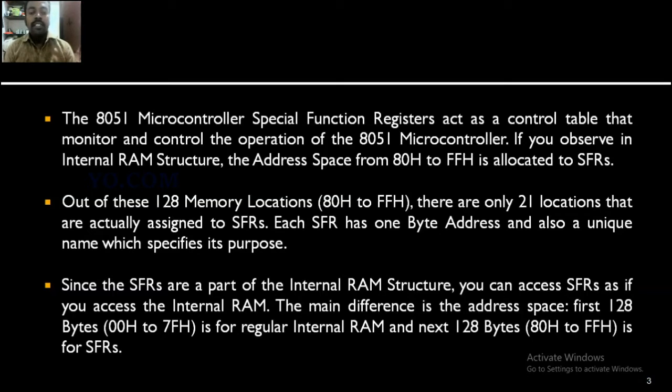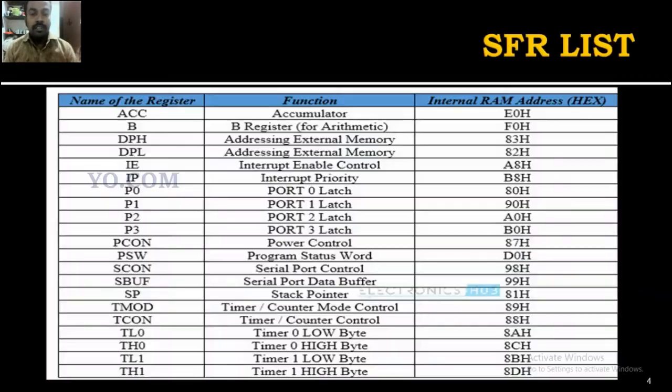The first 128 bytes, 0 to 7FH, are for regular internal RAM, and the next 128 bytes, 80H to FFH, are for SFRs. So the total space for SFRs is 128 bytes, but only 21 locations are allocated for special function registers.